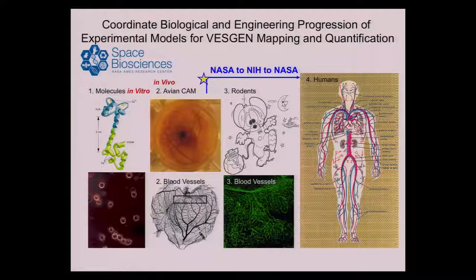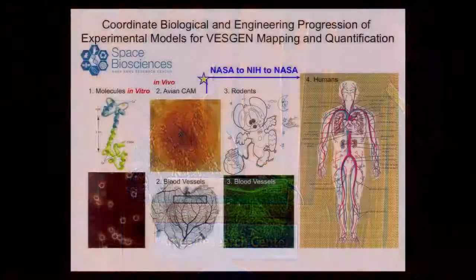After identifying candidate strategies, these approaches will be tested in more complex in vivo organisms and ultimately applied in clinical studies in human beings. Now, the CAM model really represents a model of intermediate complexity between cells in a dish and something like the mouse or other rodents.